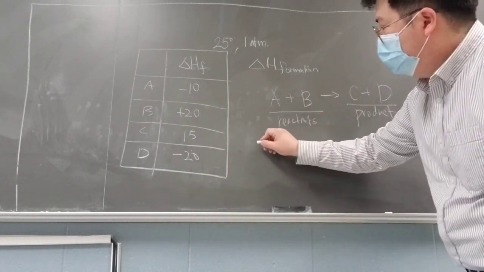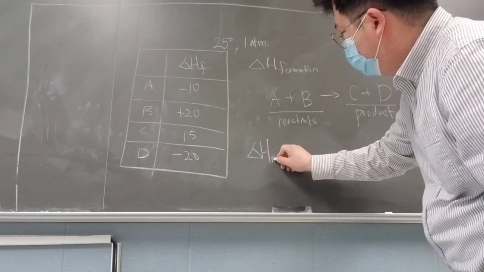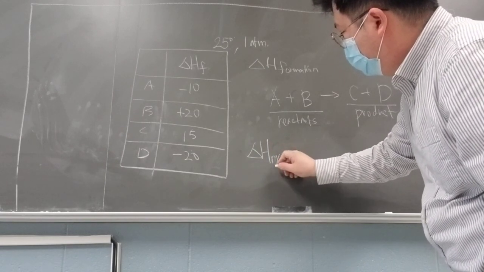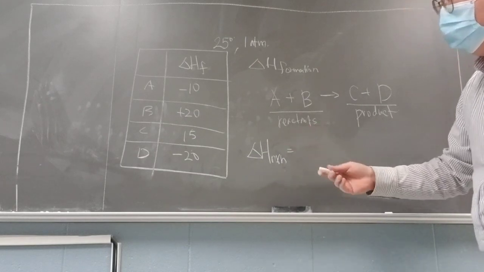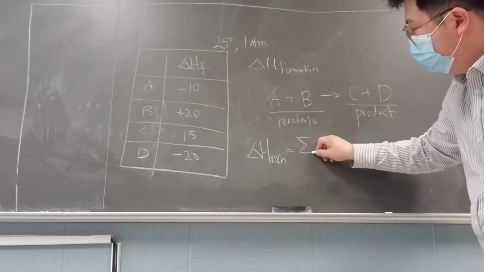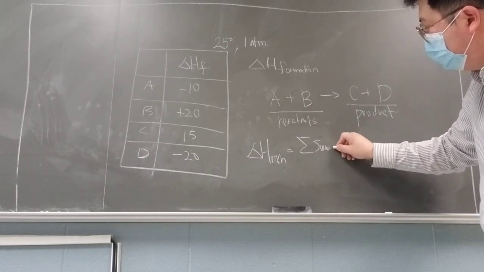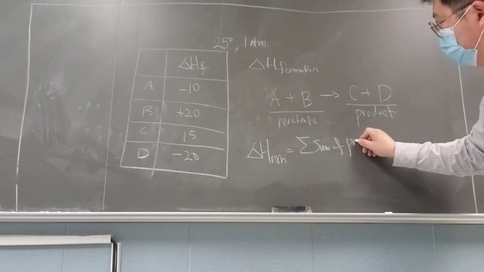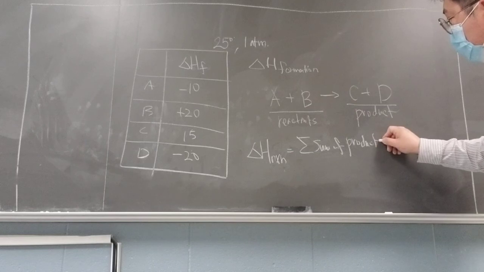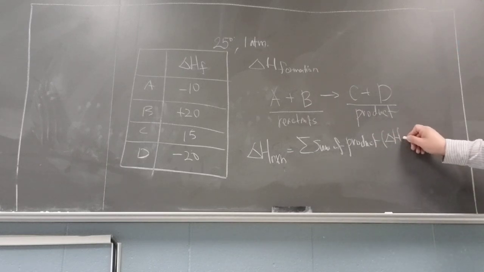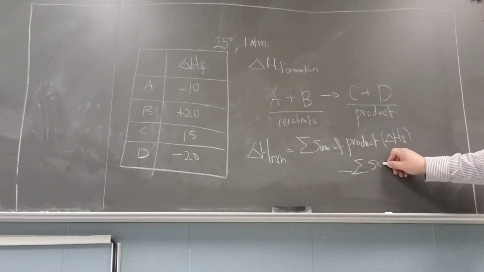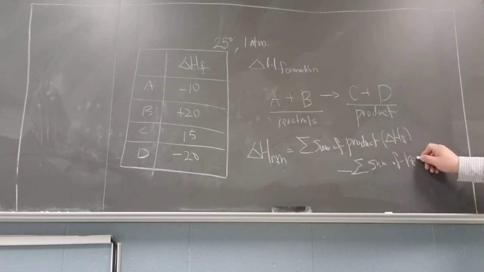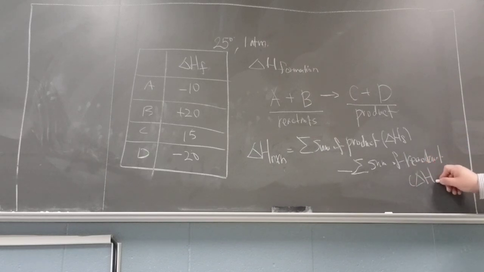So the enthalpy change of the reaction, I'm just going to put Rxn for the reaction, should be equal to the sum of the products, their enthalpy change of formation, minus the sum of the reactants, their enthalpy change of formation.